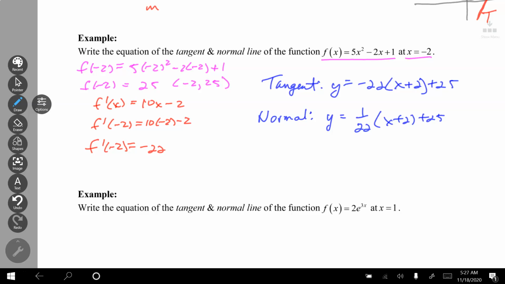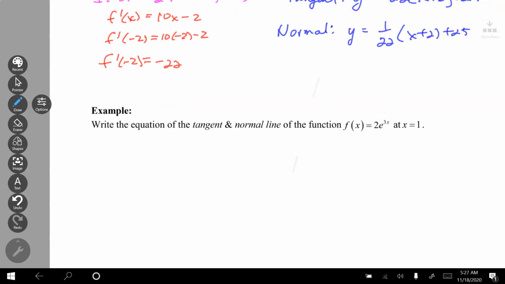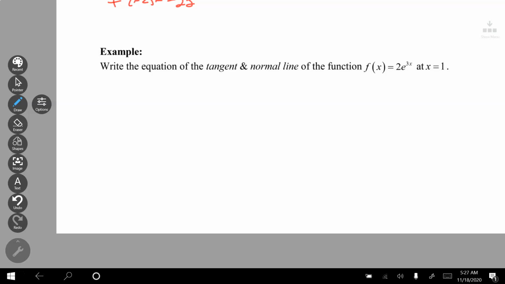Okay, not so bad. And then my last example here, I have x equals 1, so f of 1 equals 2e to the 3 to the first, which is going to be just 2e to the third. Okay. So my point is going to be 1, 2e to the third.